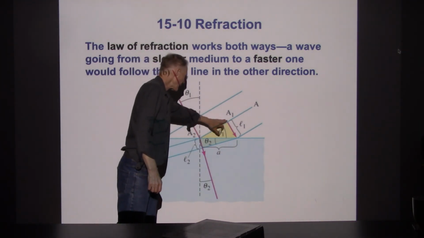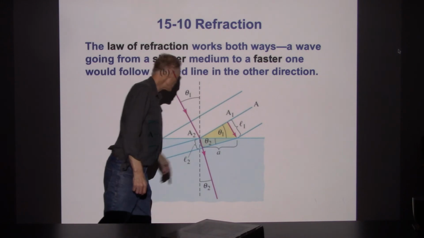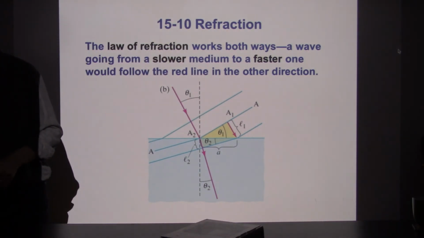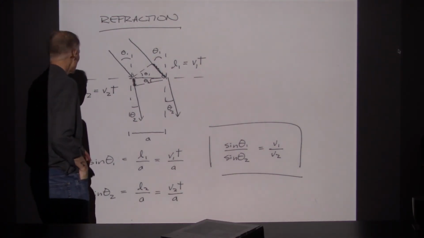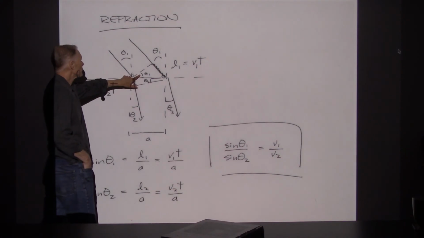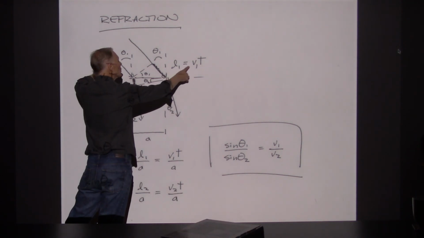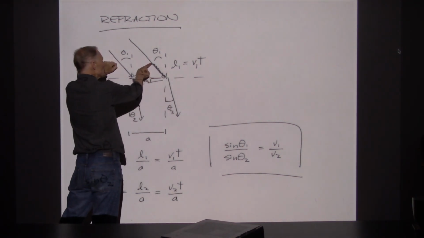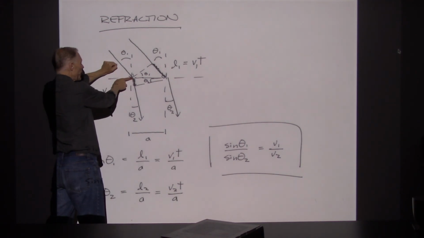They're both right triangles. They both share a hypotenuse, and from that we can do a little bit of geometry. We can show that the sine of theta 1 right here with these wavefronts is this distance, L1, which is V1 times T. So we're saying during a certain time interval, when the sound travels from here to here, this part of the ray located here is traveling a shorter distance.